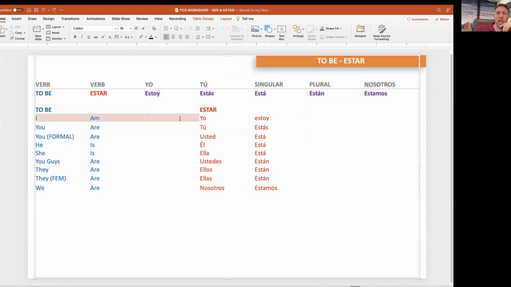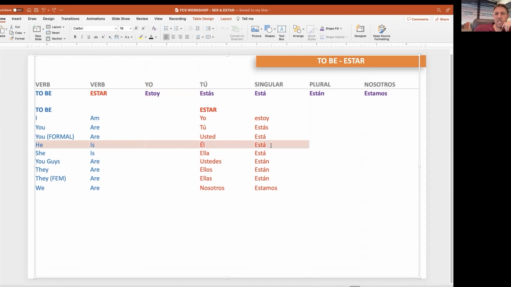Okay, so I am, yo estoy. You are, tú estás. All right, you are formal, usted está. All right, usted and tú mean the same thing, but usted goes under the singular. Tú is its own thing, yo is its own thing.